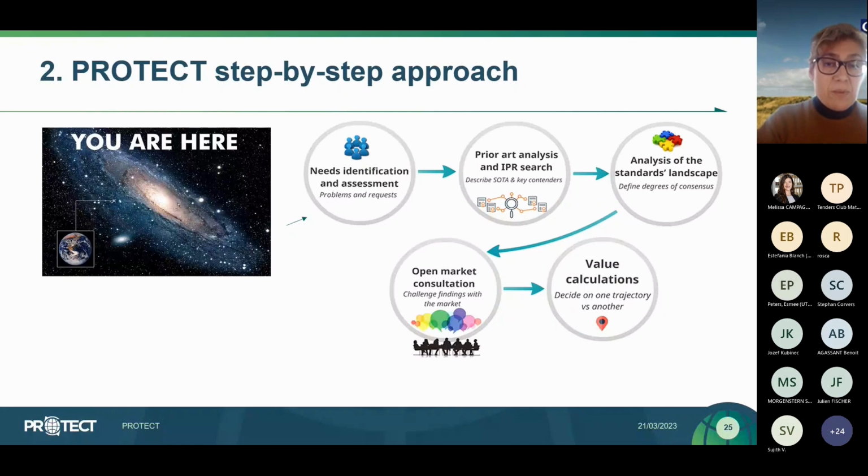And this will help us to make some value calculations, decide which trajectory we will follow, whether it's a PCP, whether we're also thinking about other procurement procedures that can help us obtain the solutions that we need. The next step, please. Next slide.